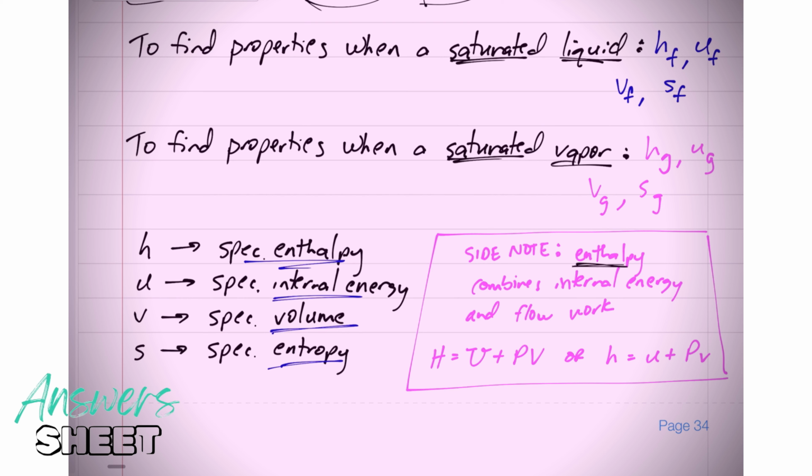Enthalpy, briefly here, combines internal energy and flow work, whereas internal energy is just u. These are all lowercase, and you could look at the units on the property tables, and that would tell us that we're looking at specific properties.